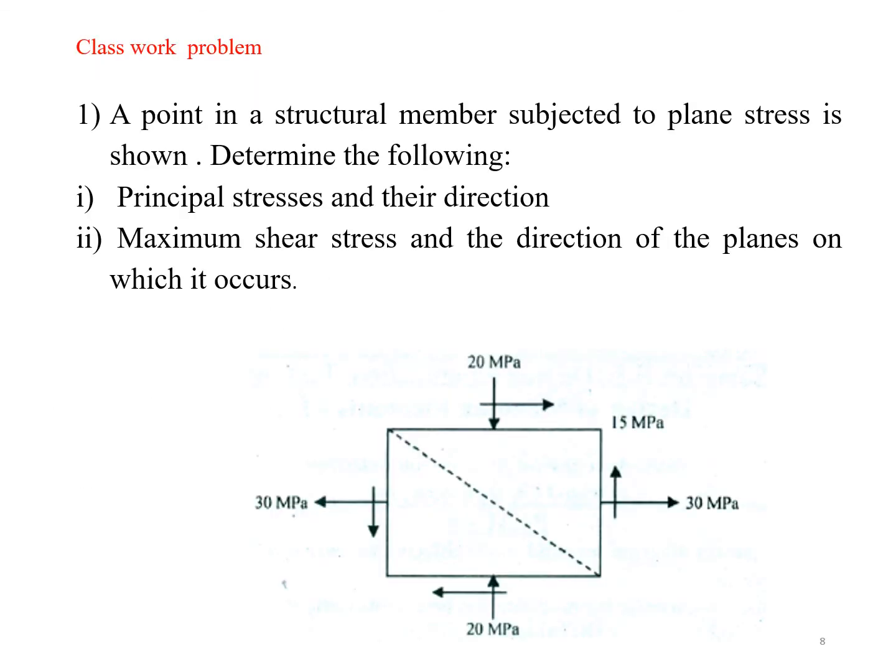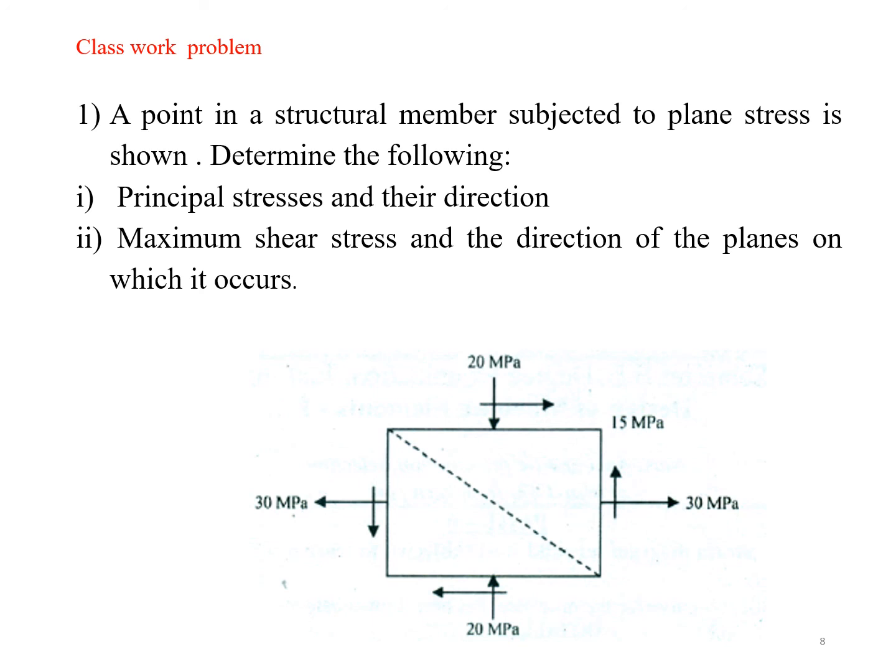So one classwork problem is also there. A point in a structural member subjected to a plane stress as shown, determine the principal stresses and their directions, the maximum shear stress and directions of the plane on which it occurs. You can see the stresses: sigma x is 30 and sigma y is minus 20 for this problem, and tau xy is 15 megapascals.